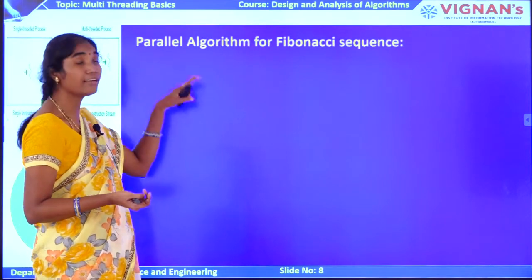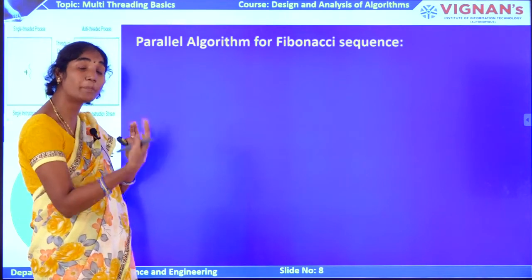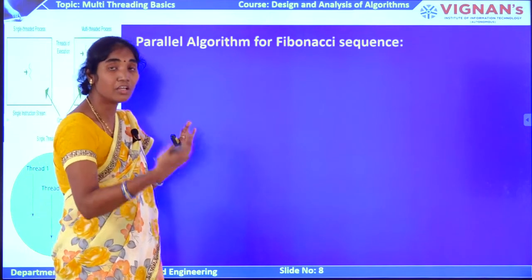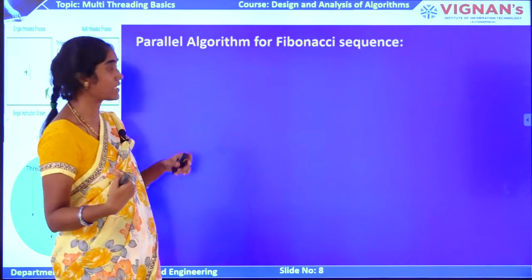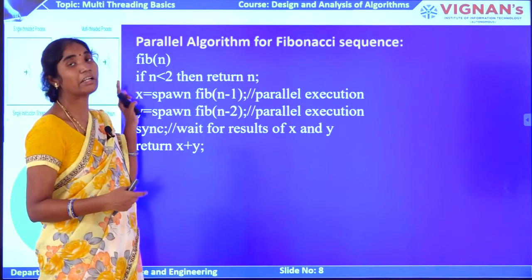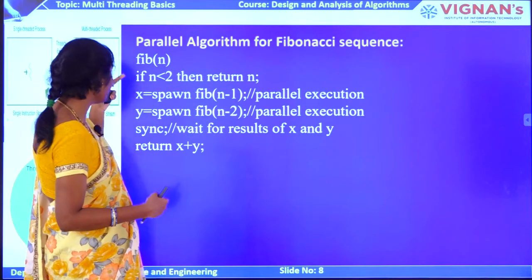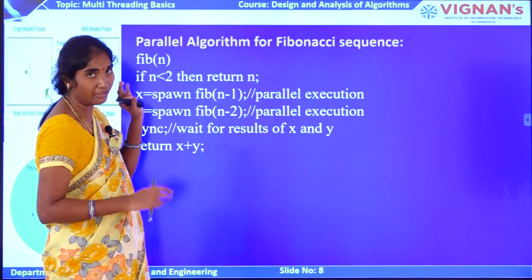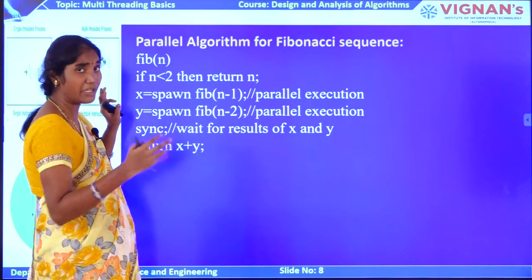Now the parallel algorithm. I want to incorporate multi-threading into the Fibonacci sequence. This is a modified algorithm which uses the multi-threading concept. If n is less than 2, then return n. This is a simple statement like the previous one.